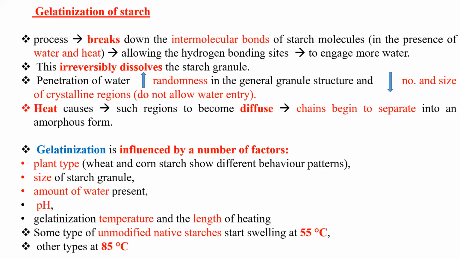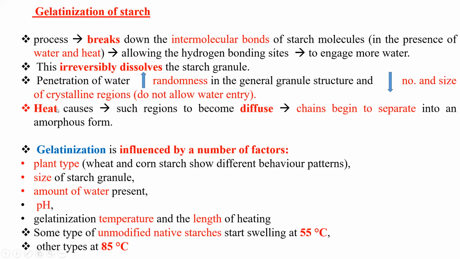This crystalline region is responsible for the entry of water into the molecule. As during gelatinization there is a reduction in the number and size of crystalline regions, there will be restricted entry of water.